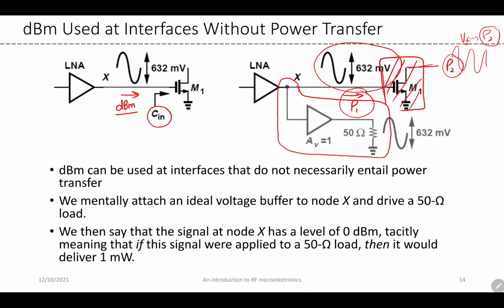In that case, instead of talking about voltages, you can say that there's a power level of P1 dBm at the input, and a power level of P2 dBm at the output. So you can do that by simply assuming a 50 ohm termination at the input.